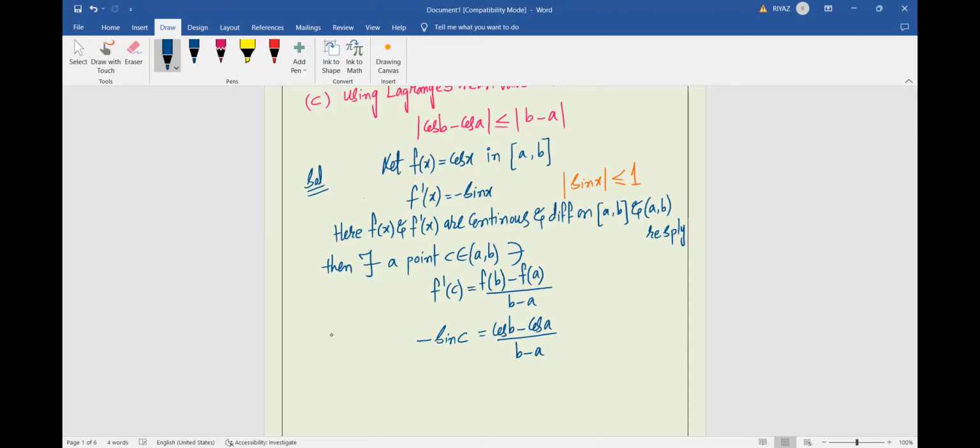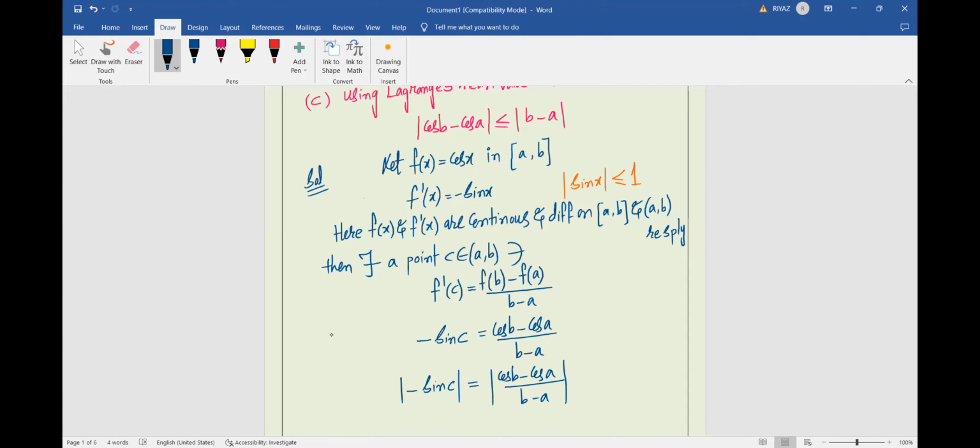After that, we take modulus on both sides: modulus of minus sin c is equal to modulus of cos b minus cos a by b minus a. And we know that the modulus of any negative value will become positive.